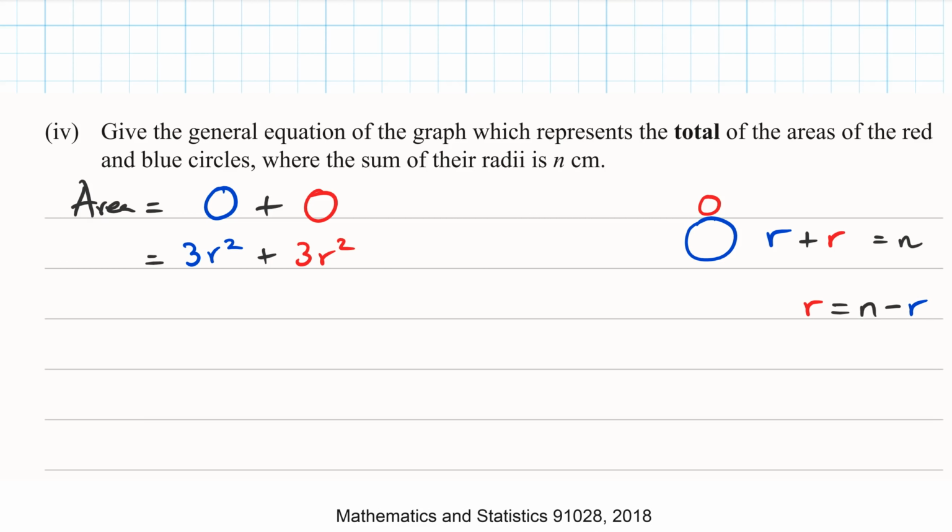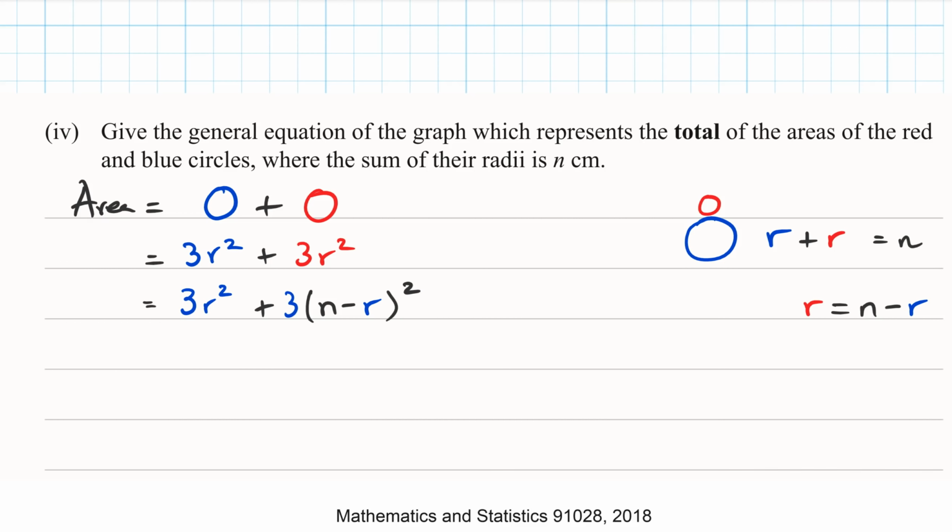So I'm going to replace the red r here with n minus blue r. I hope it makes sense what I've done here. So what ends up happening is you've got 3 times r squared plus 3 times the n minus r squared.